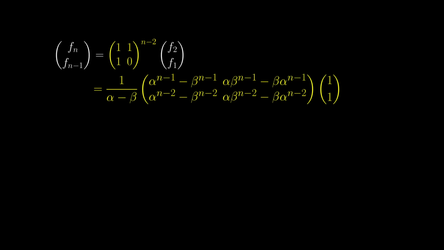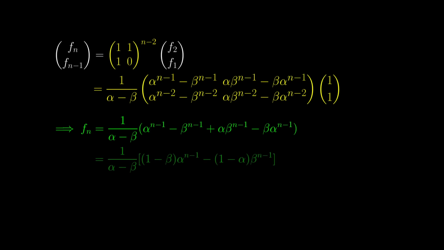By simply comparing the first entry of the vector on both sides, we can finally get an explicit general term of Fibonacci numbers. To simplify this, we simply group up the terms and find this somewhat simplified expression. This can be further simplified though.